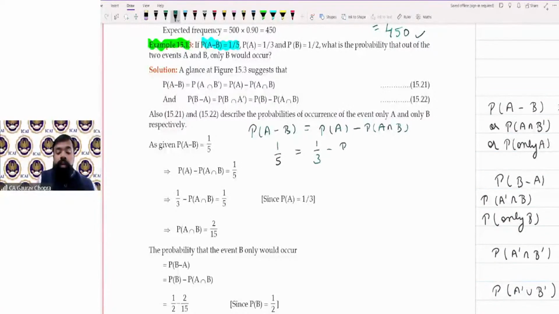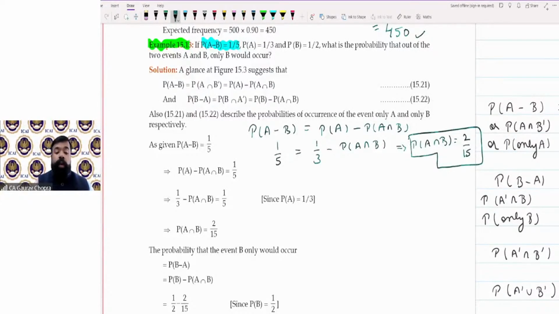We do not have intersection, so we can find intersection from here. So 1 by 3 minus 1 by 5, you are getting 2 by 15 as probability of A intersection B.